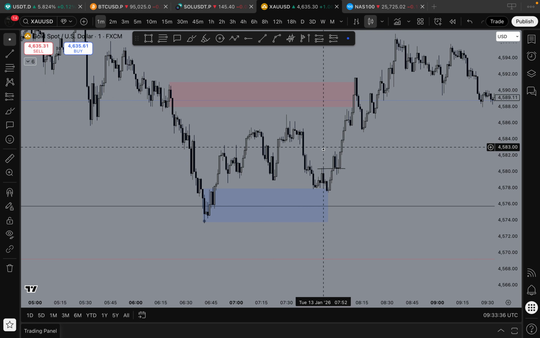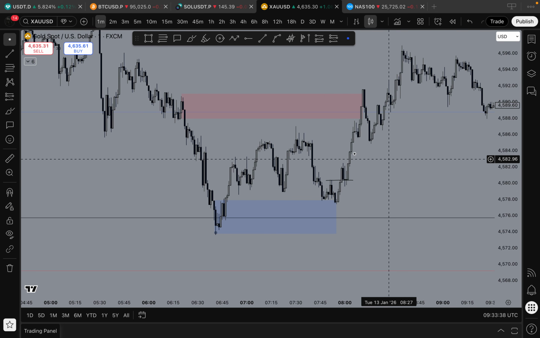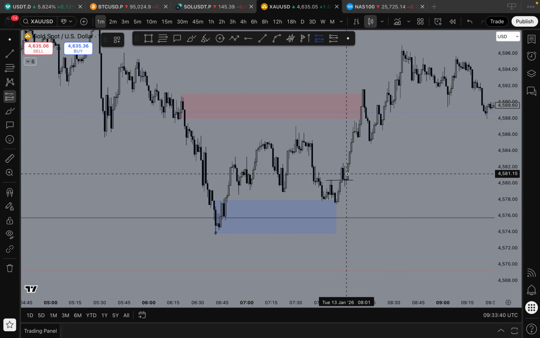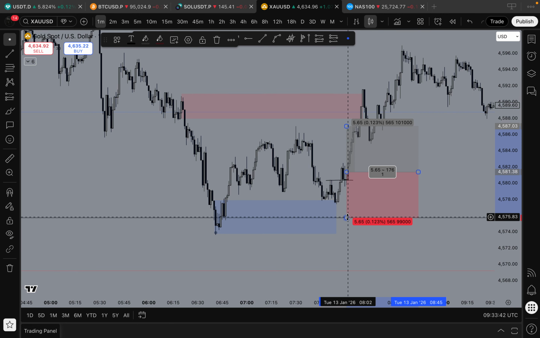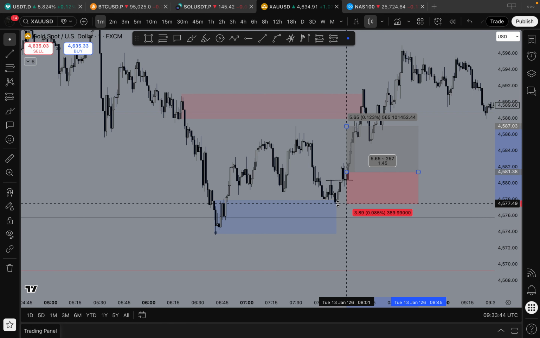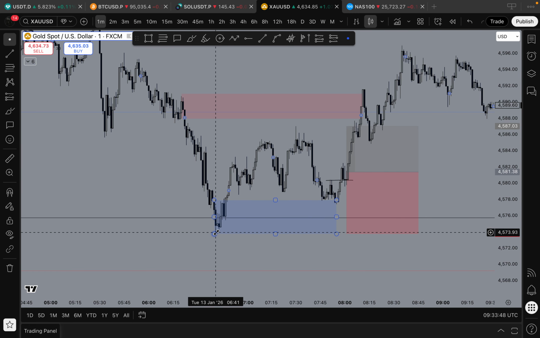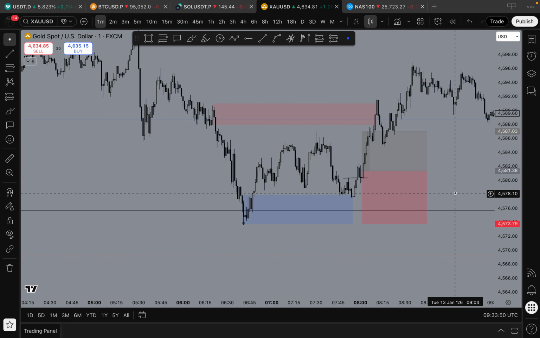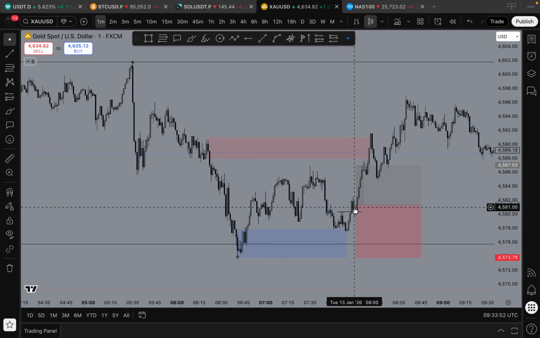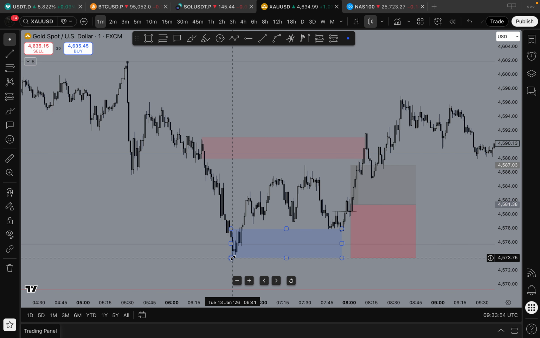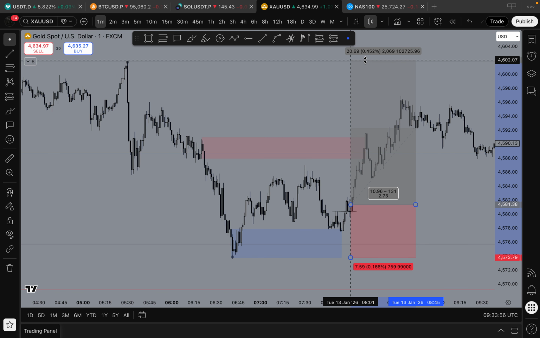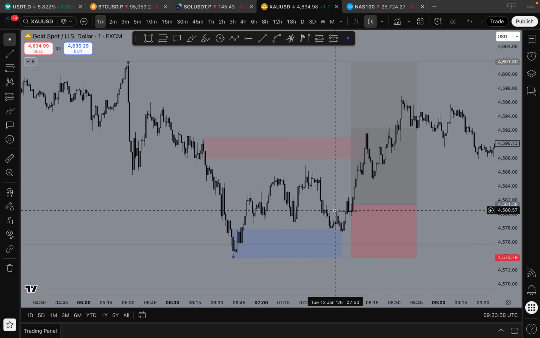So this could have been the aggressive entry with your entry on that 1 minute break. Your stop loss technically could be here, but to be sure and have a little bit of calm of mind, you can use this stop loss, the third tap, because that's your clean invalidation. Target will be the range high.